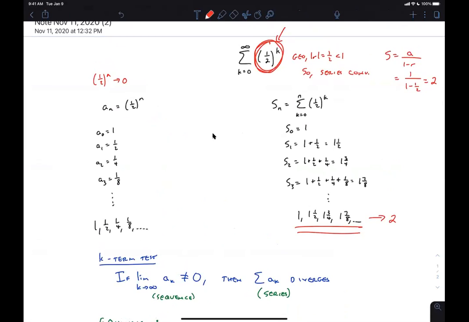So is this formula, 1/2 to the K, a formula for the sequence, or is that a formula for the series? Series? The sum is the series. But if I plug something right into here, if I plug 4 into there, that's giving me the fourth term. You see what I'm saying? Like 1/2 to the fourth is the fourth term in the sequence, or A4.